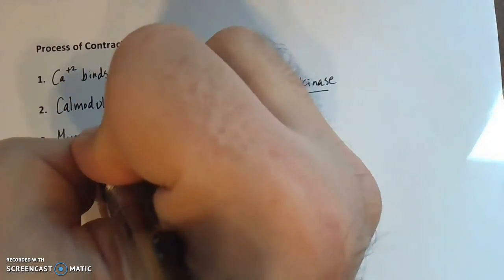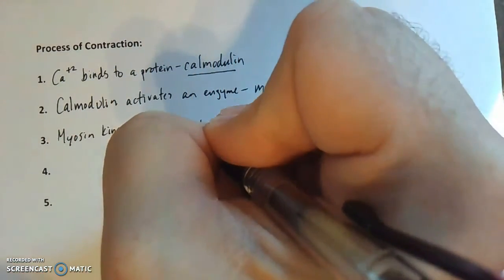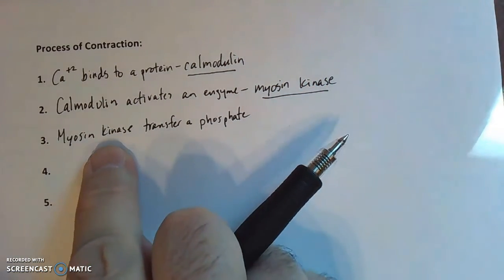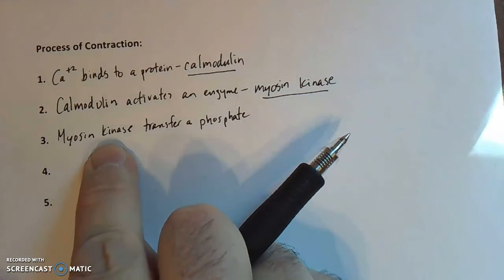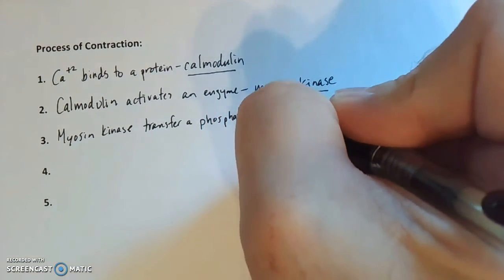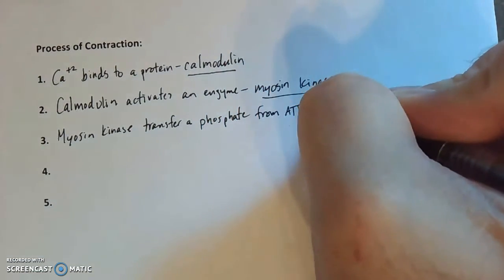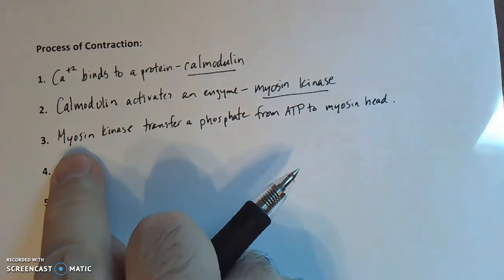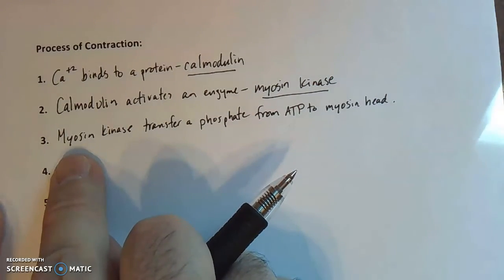So myosin kinase transfers a phosphate. So it moves a phosphate, kinetic energy, from ATP to the myosin head. So its name tells us what it does.